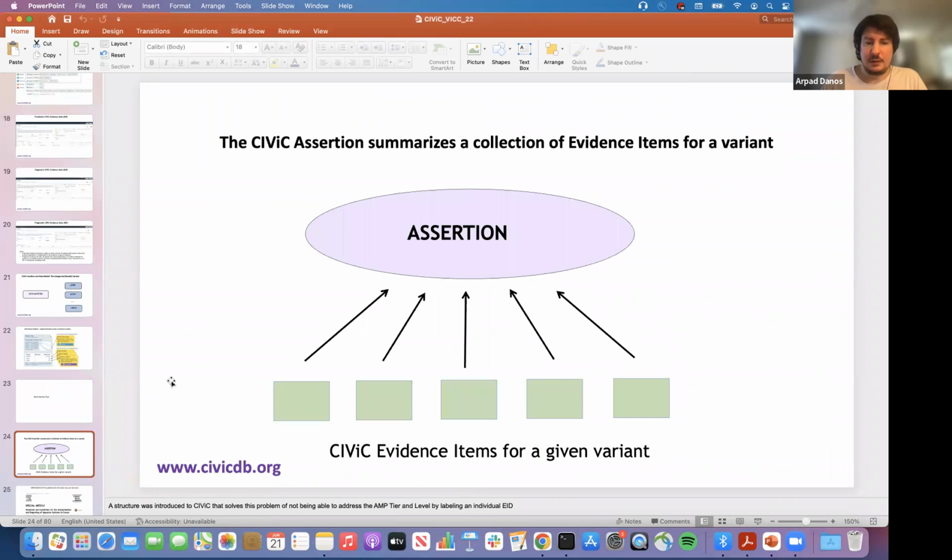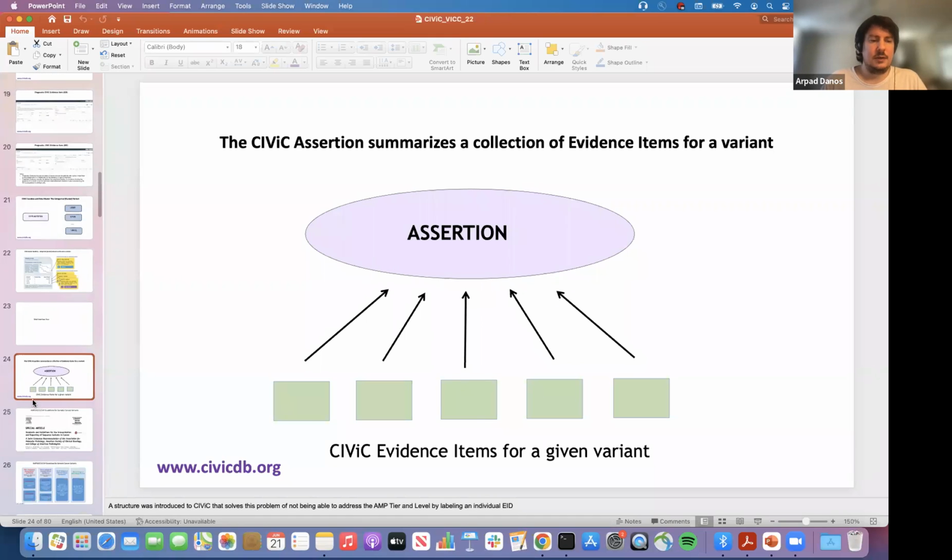So if you have a bunch of evidence items, and they're all on the same variant and on generally the same evidence type for the same disease, and if it's a predictive evidence type, for the same drug, say, just to be simple, EGFR L858R for non-small cell lung cancer and the first generation tyrosine kinase inhibitor like erlotinib. You have a large collection of evidence from preclinical through clinical trials, and you can collect all that information and write an assertion, and that's a mechanism we have.